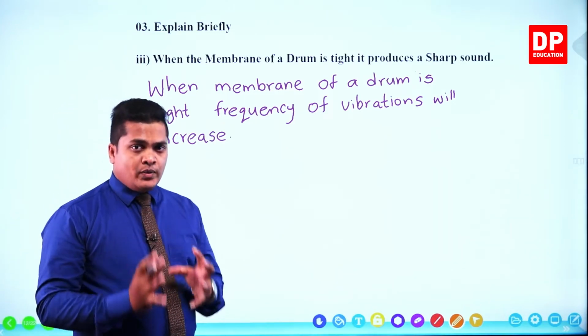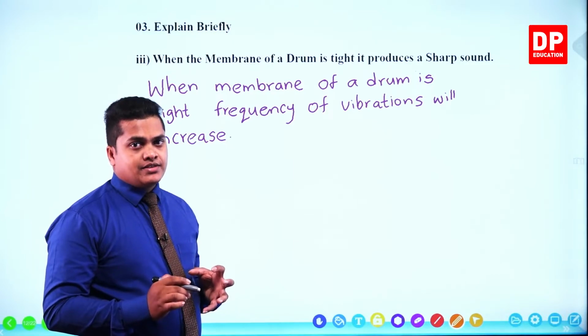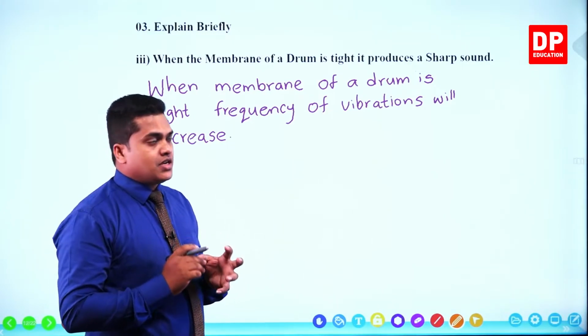So when the frequency of vibration is going to increase, it's going to produce a sharp sound.